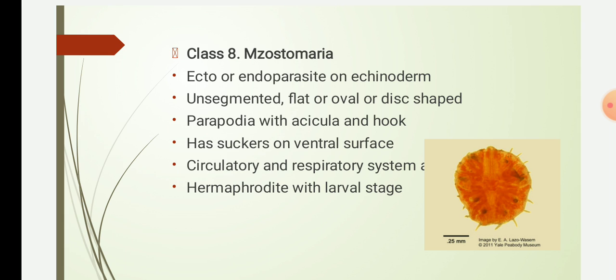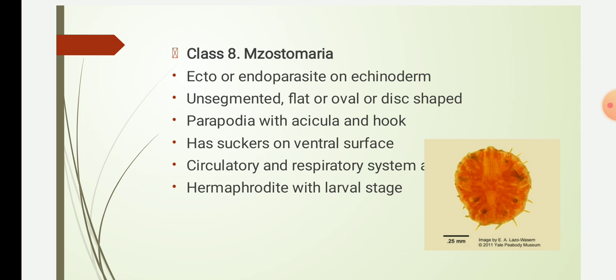It also has hooks for attachment to the substratum, to hold the lumen, the body wall or the surface of the host. There are 4 pairs of suckers that alternate with the parapodia, placed on the ventral surface. Then there are also 10 pairs of cilia placed around the edges.